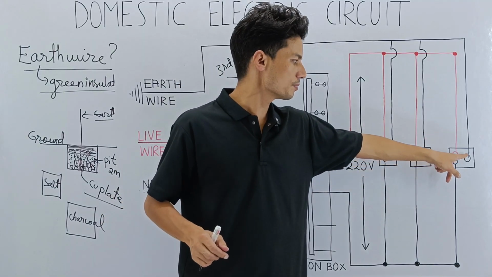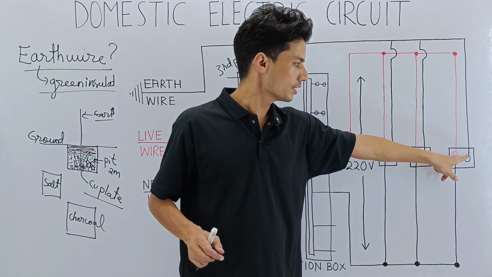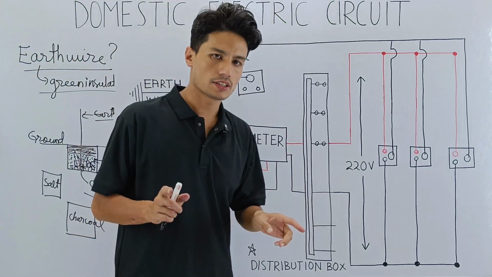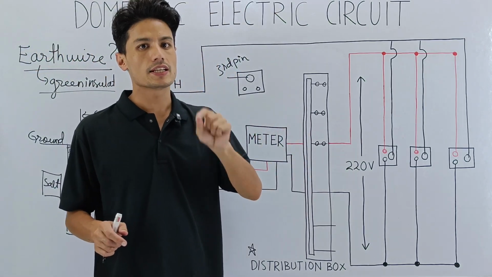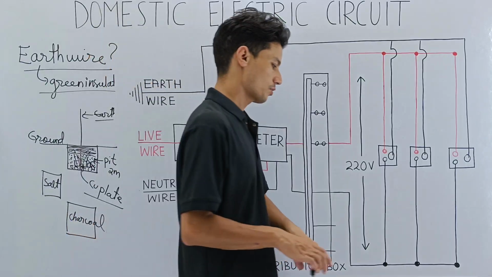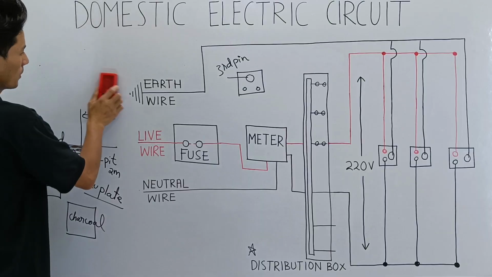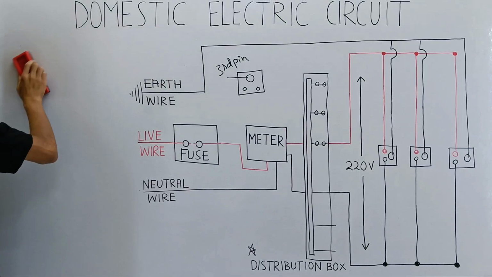In the socket, it's simple: bring a wire, connect it to the third pin of the socket, and take it down to the earth. The other part has to be done on the electrical devices. So let's talk about how electrical devices are earthed to understand earthing better.